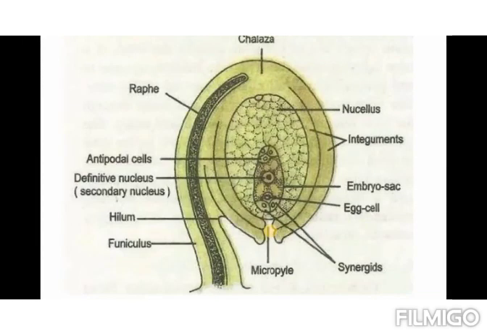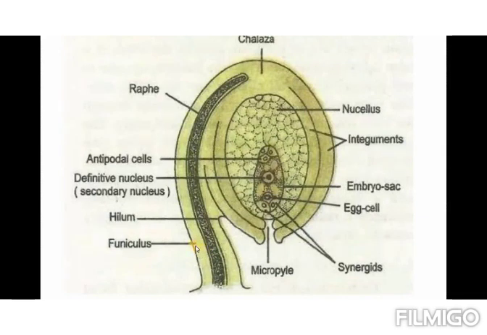Megasporogenesis, or formation of the megaspore, and development of the female gametophyte takes place inside the ovule. Now today we will study the structure of the ovule. The first structure is called the stalk or the funicle.